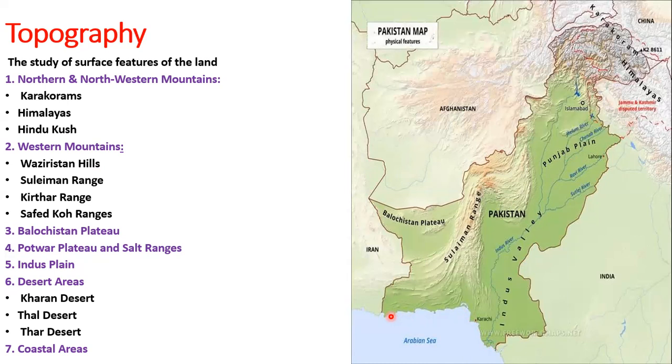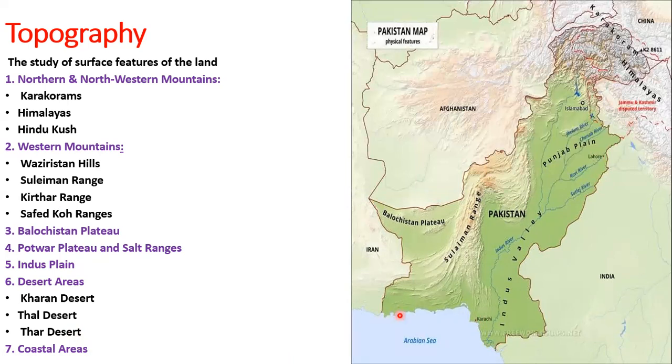Sindh and Balochistan are the lucky ones, with open access to the sea and coastal areas. These coastal areas make Sindh, especially Karachi, the economic capital of Pakistan, and the second proposed one is Gwadar. It is going to be the future economic capital for Pakistan.